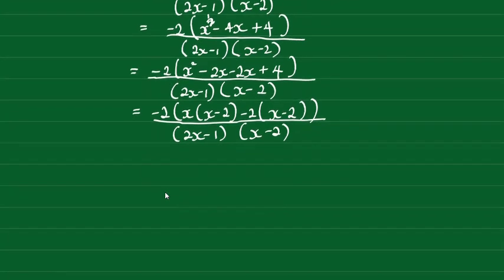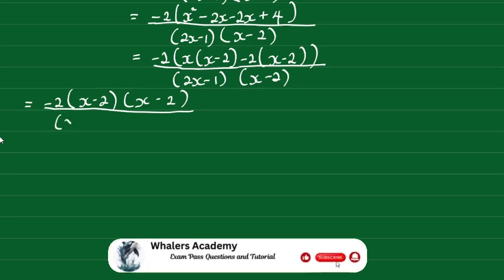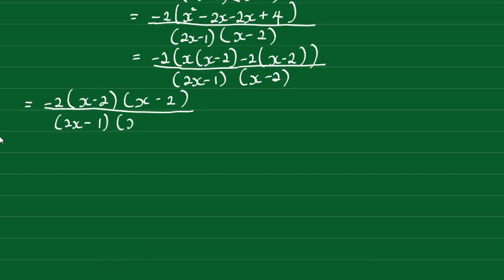All right, continuing our solving, we have this equal to -2(x minus 2)(x minus 2) divided by (2x minus 1)(x minus 2). Now we have x minus 2 at our numerator, and we also have x minus 2 at our denominator.